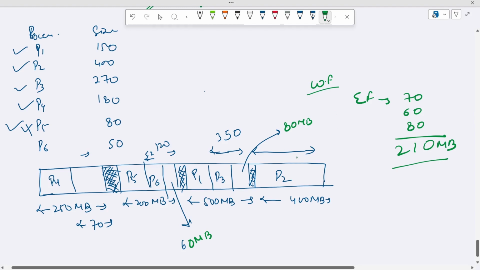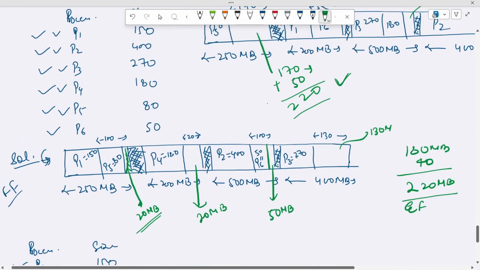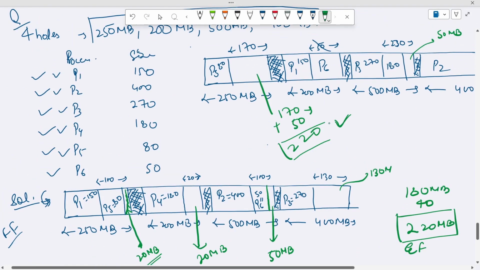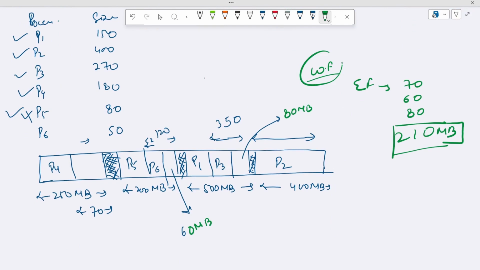So let's check which allocation policy works better in dynamic partitioning or variable partitioning. In first fit, we have an external fragmentation of 220. In best fit, we also have an external fragmentation of 220, but in worst fit, we have an external fragmentation of 210. So definitely worst fit works better in dynamic partitioning or variable partitioning.